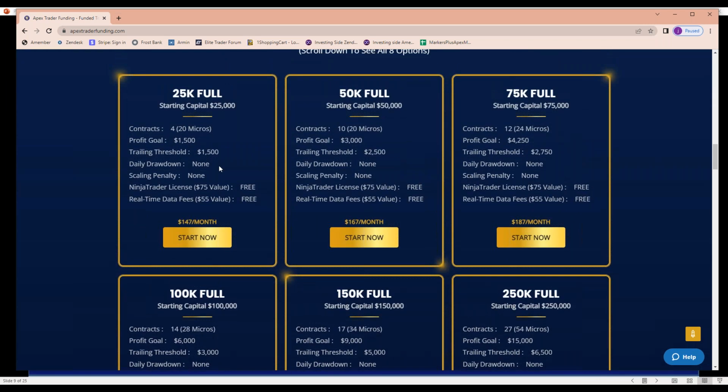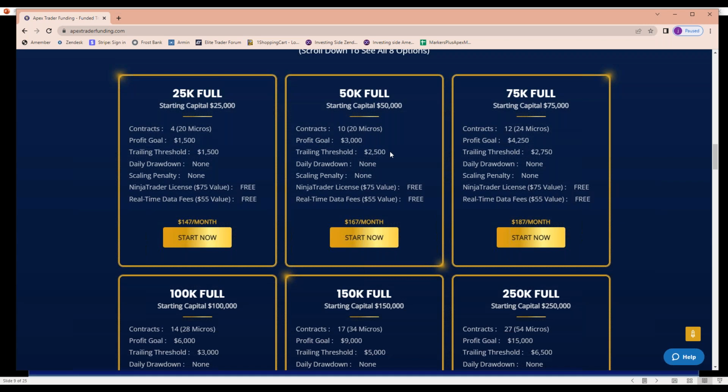What's the difference? Why would I want one account size over the other? Well, it really just depends on your trading strategy, okay? So, for example, for the $50,000 here, the profit goal's 3,000 bucks. The trailing threshold, which we'll talk a little more about, is 2,500 bucks. You know, hey, I'm a scalper. I don't really hold long term.